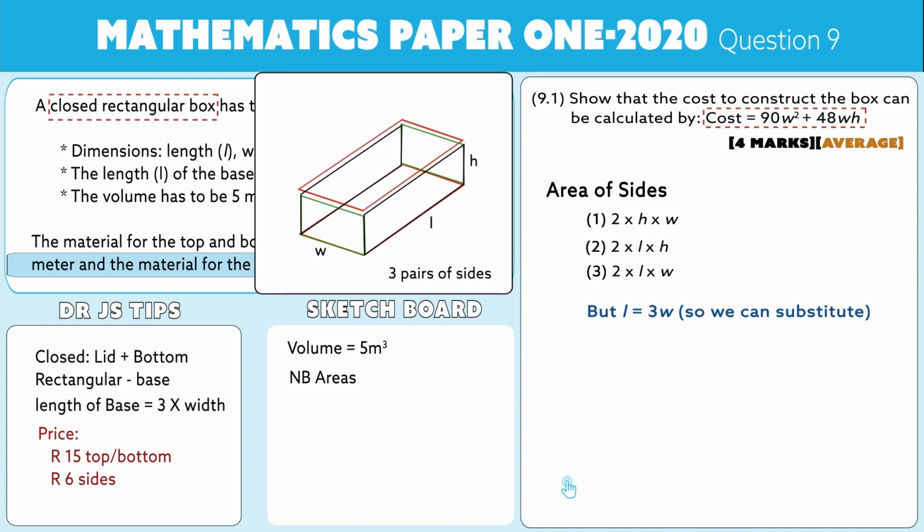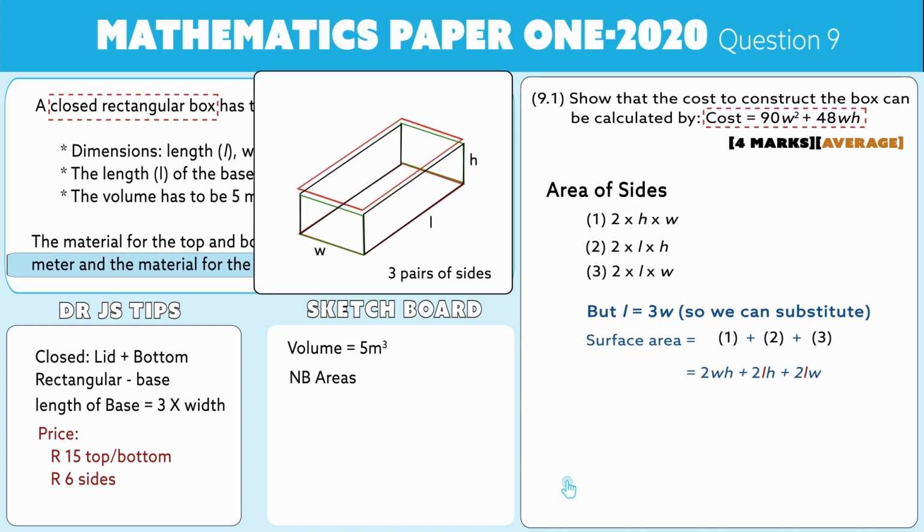So the total surface area will be 2 multiplied by, now remember, the W and the H have nothing to do with each other, so 2 times W times H, plus, so that's the first set of sides. Now we're going to get rid of the L and make it 3W.